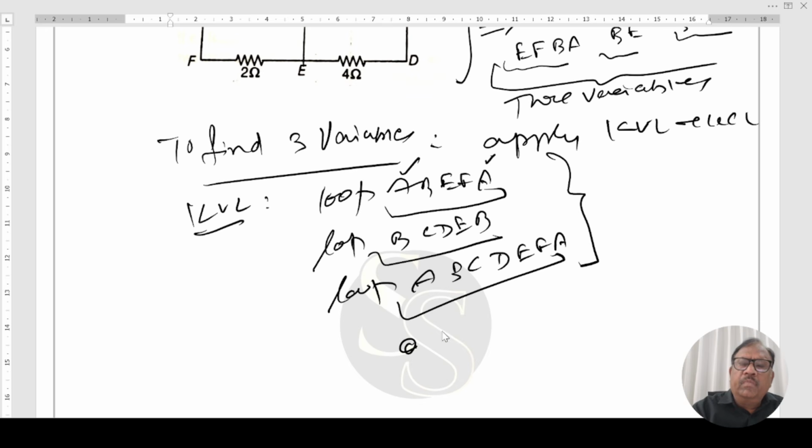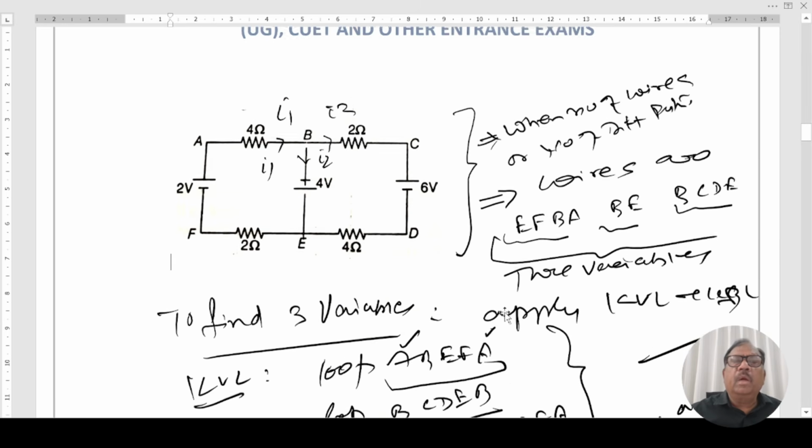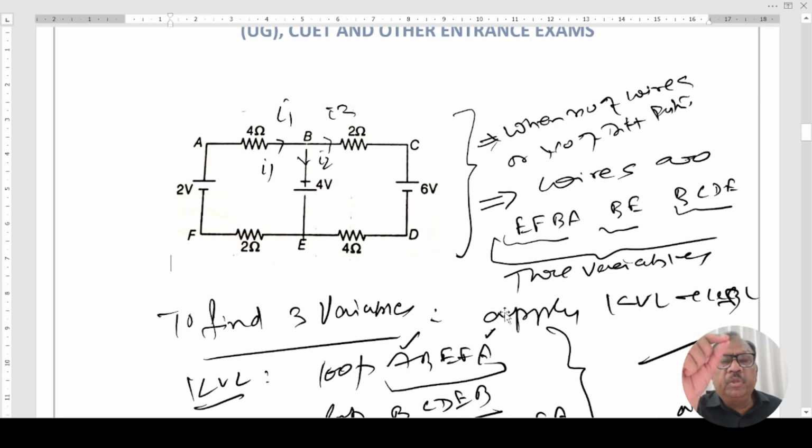Or we can apply the junction rule. The junction rule at point B is based on the conservation of charge: the sum of incoming currents equals the sum of outgoing currents. At B, I1 enters, and I2 and I3 leave.